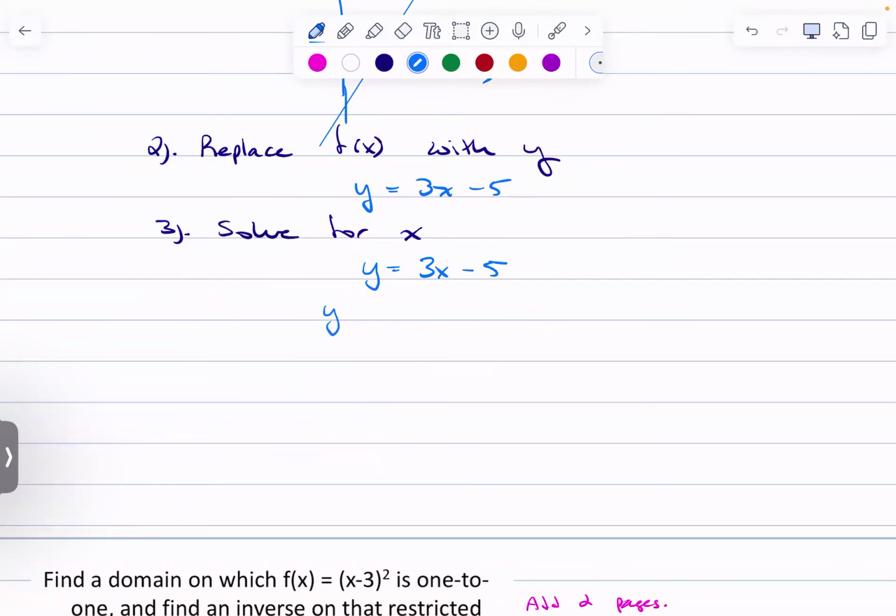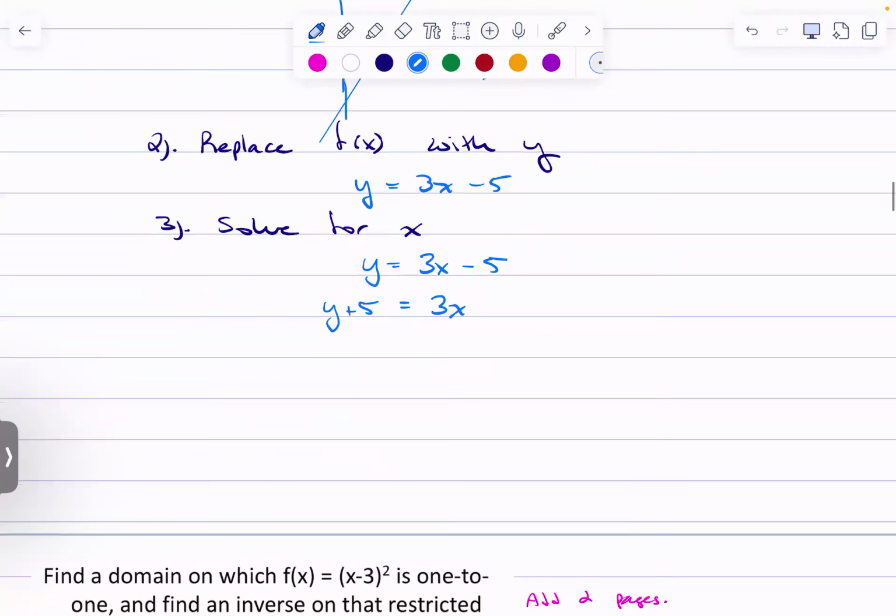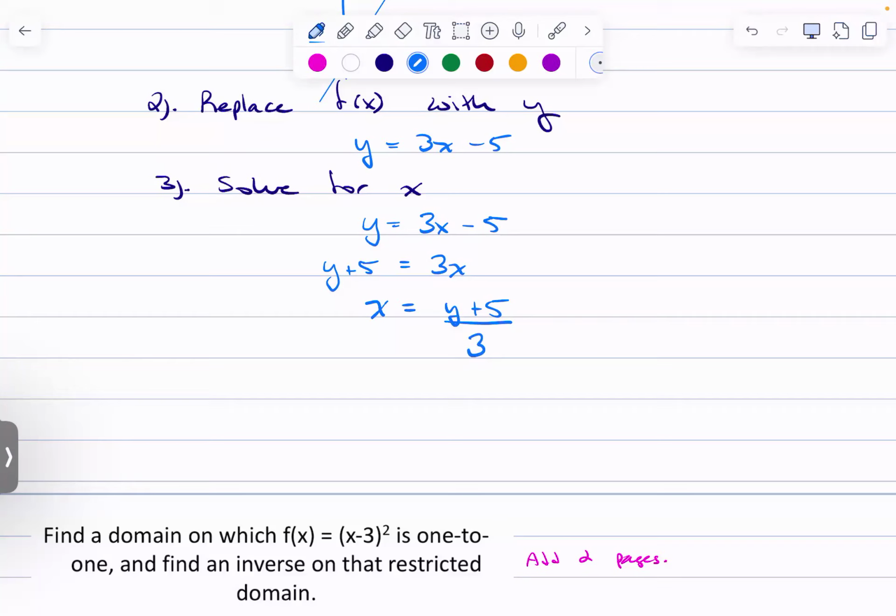I get y plus 5 equals 3x. I like to have my x on the left-hand side, and in the same move, I'll divide by 3. Oops, 3, not 5. So I get y plus 5 divided by 3.